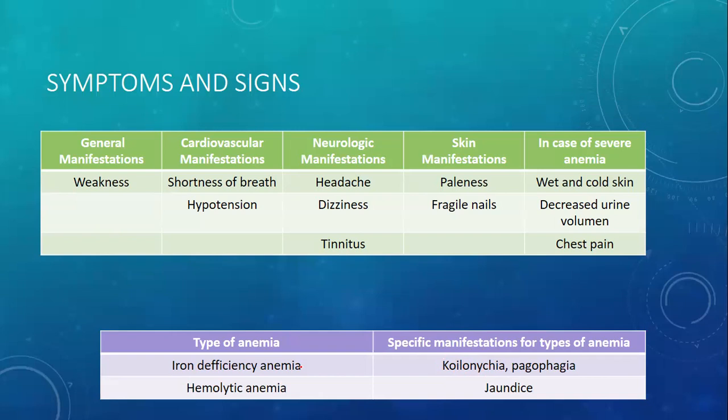Okay, so that is related to iron deficiency anemia, which is the most common type of anemia, right? And this is also interesting. Does anybody know what pagophagia is? For extra points, guys, come on. 5, 4, 3, 2, 1. Okay, nobody. So pagophagia is actually the craving. Does anybody know what craving is?